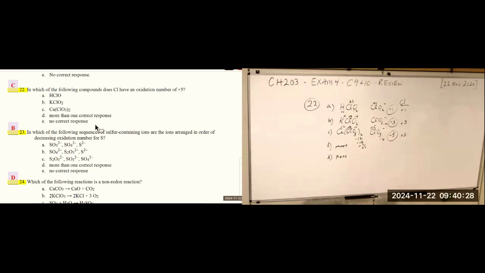Did I already change it in this one? 22. It's C on the interview. Oh, okay, so your answer key is C. Yeah. Okay, good. So I already changed it there, I just didn't change it in my key. Okay. It's changed now. All right.